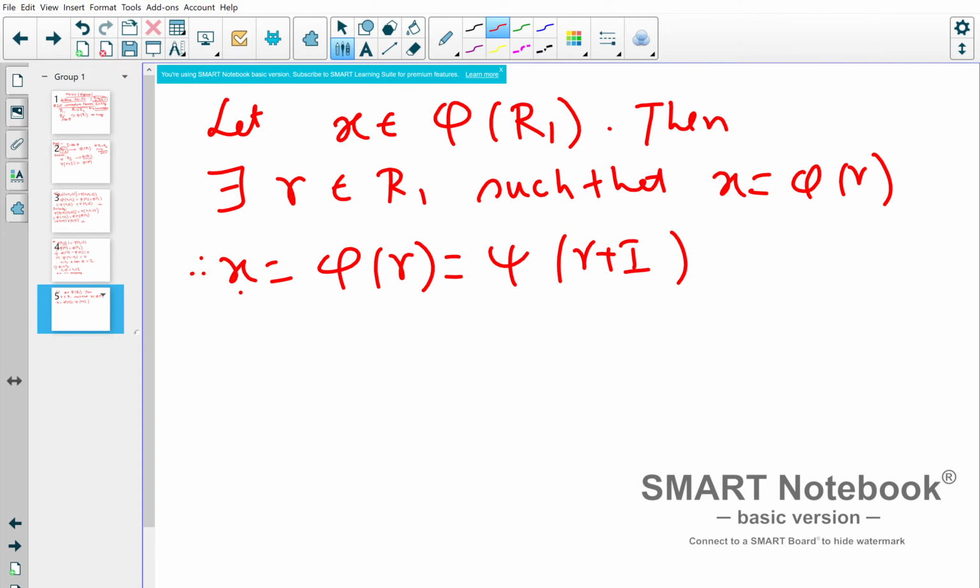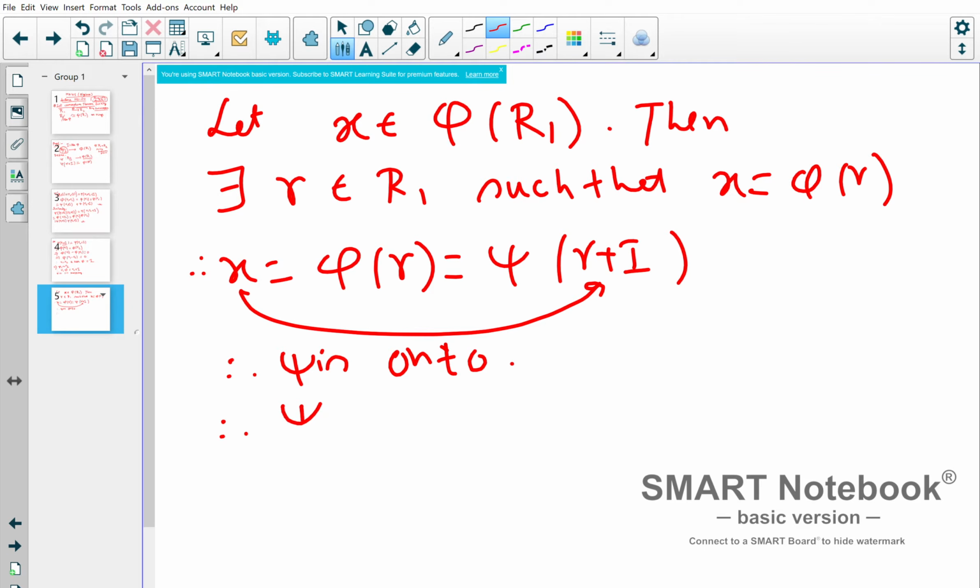So given an element inside this range, you have a pre-image here, right? This is almost by definition. So psi is one-one and onto. Thus psi is a ring isomorphism.